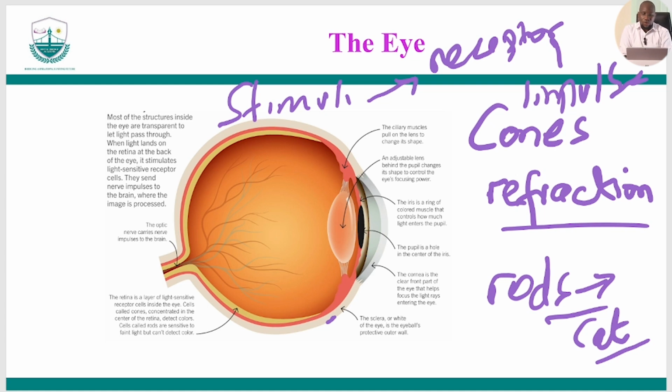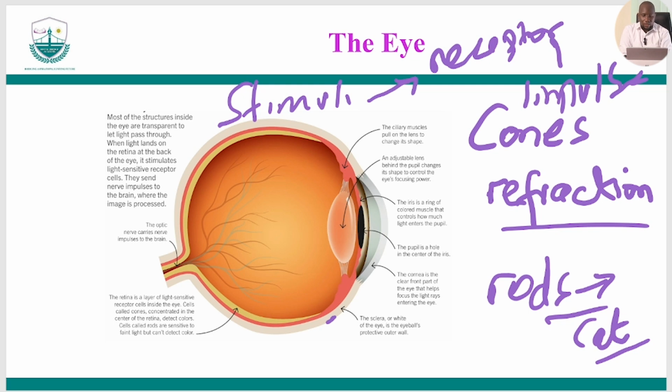We can see that there are fibers that converge to form the optic nerve. The point where they converge and exit the eye is what we call the blind spot. The blind spot is the point at which the optic nerve actually exits. So all these different fibers converge to form the optic nerve.